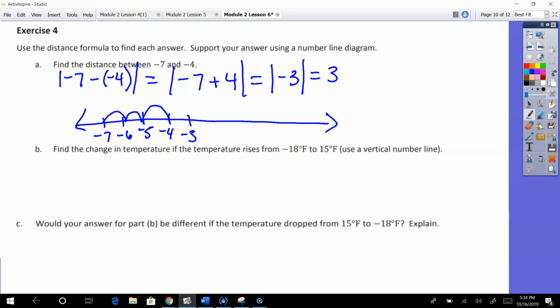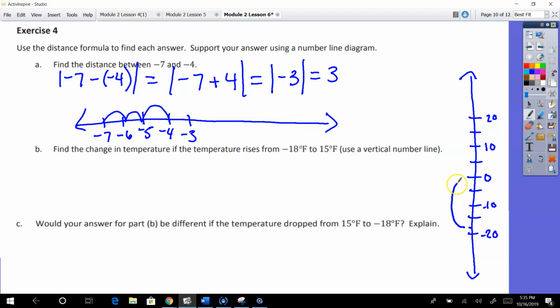Find the change in temperature from negative 18 degrees to 15 degrees. So we're starting at negative 18. What might help you to think about this is if we're starting at negative 18, we have to go from negative 18 up to 0. So that's 18 spaces.